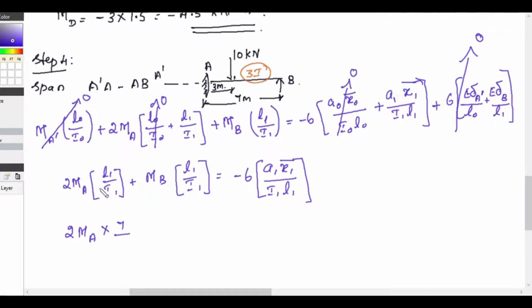So 2 MA into L1, the value is 7 meter. 7 by, the value for moment of inertia is 3I, plus MB into L1 is 7 meter, the value for I1 is 3I, is equal to minus 6 into A1 x1. A1 x1 is here for the span AB.